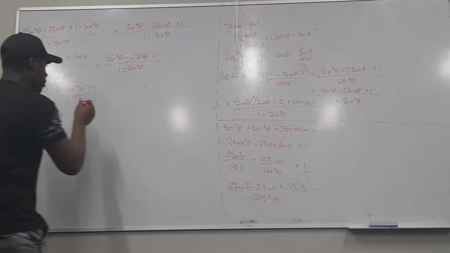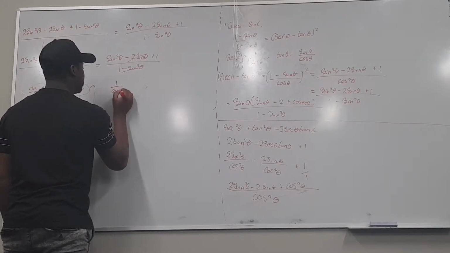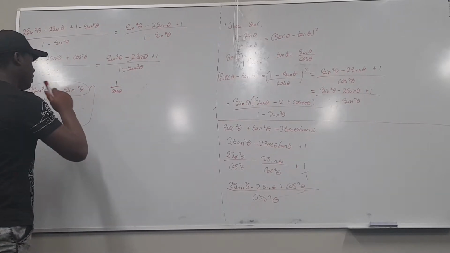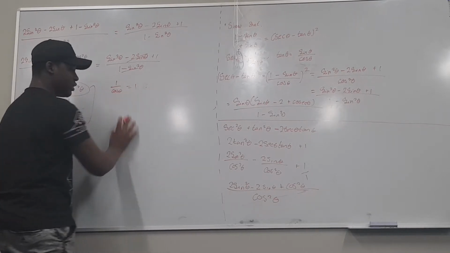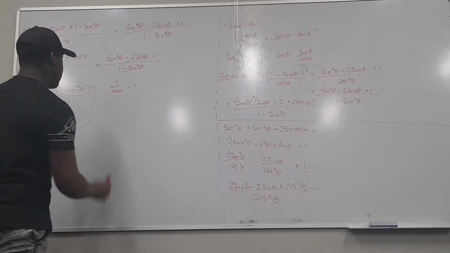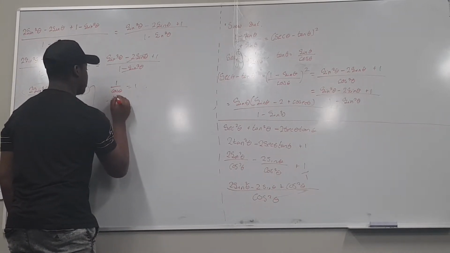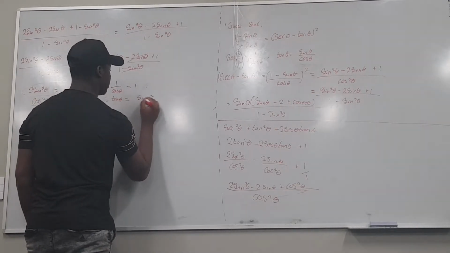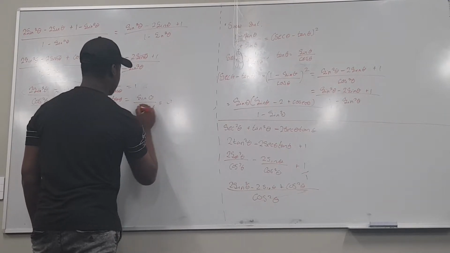Sec theta is equal to 1 divided by cosine theta, right? And if that's true, and we know what cosine theta is, cos theta is equal to 1. So 1 divided by 1, that's 1, and tan theta is equal to sine 0 divided by cosine 0, and that gives you 0.